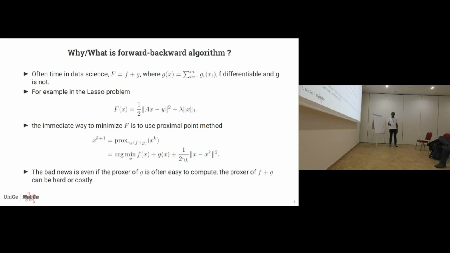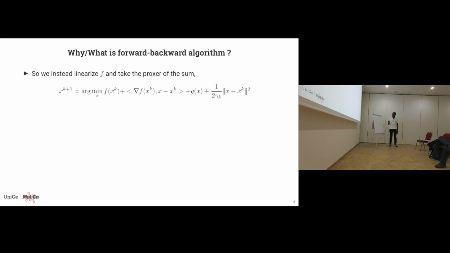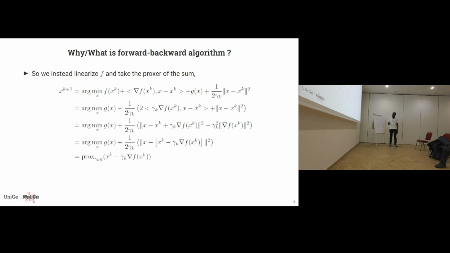It can be hard to compute the prox of the sum. The simple idea, if f is differentiable, like in this example, is to make the first-order Taylor approximation of f: you linearize f at your current step, add g, and compute the prox. After some algebraic transformation, you get this formula.